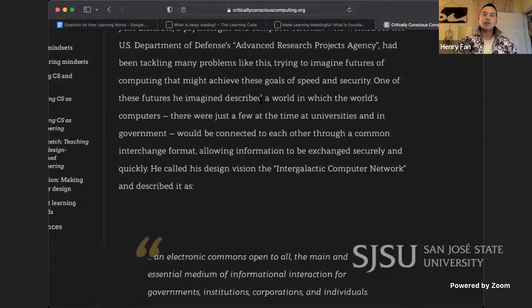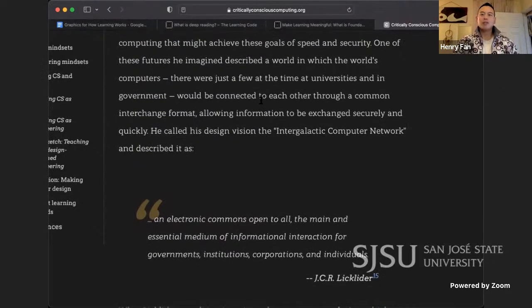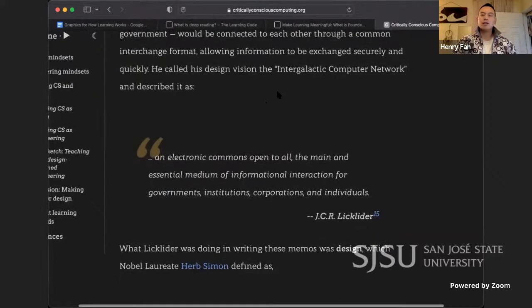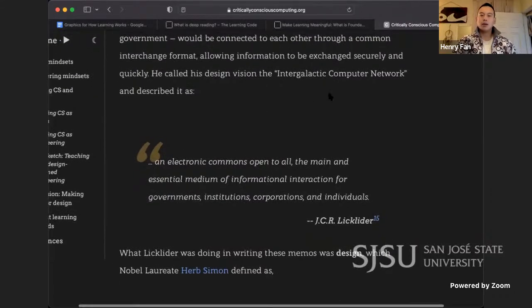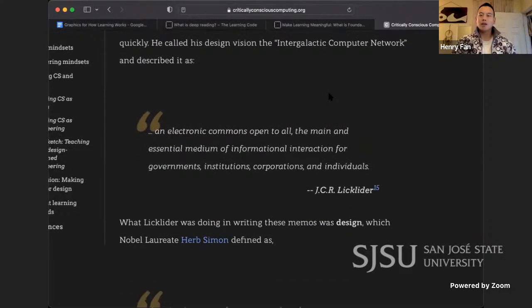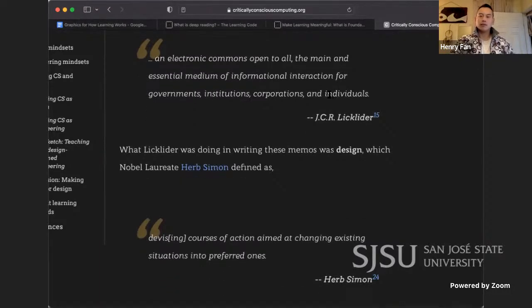One of these futures, he imagined, described a world in which the world's computers, there were just a few at the time at universities and in government, would be connected with each other through a common interchange format, allowing information to be exchanged securely and quickly. He called his design Intergalactic Computer Network and described it as, quote, an electronic commons open to all, the main and essential medium of informational interaction for governments, institutions, corporations, and individuals, by J.C.R. Licklider.